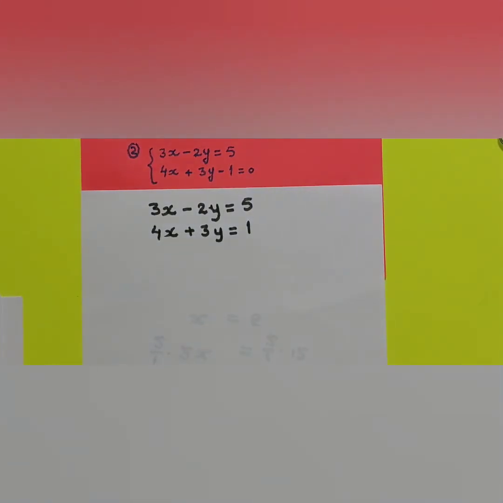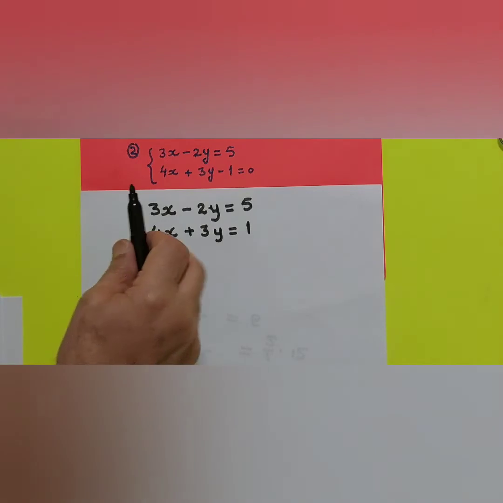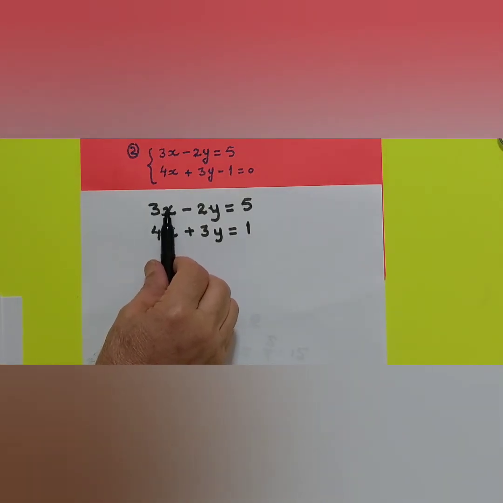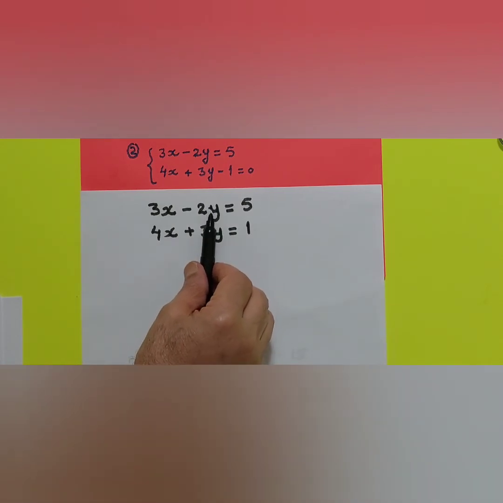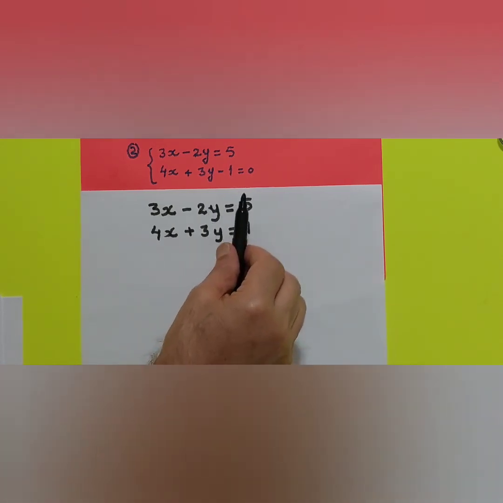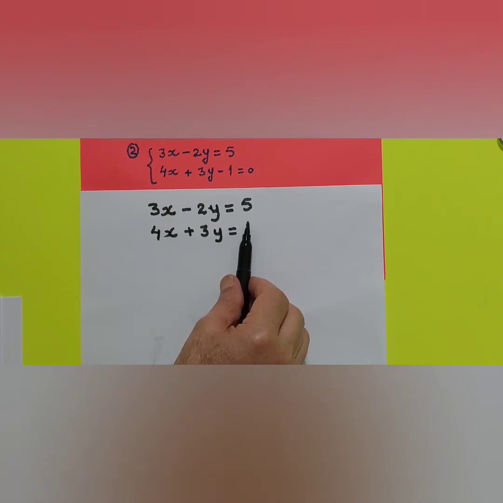This is the new shape of the two equations. You see, I wrote here all the terms with x's under each other, all terms with y's under each other, all terms with constants under each other.